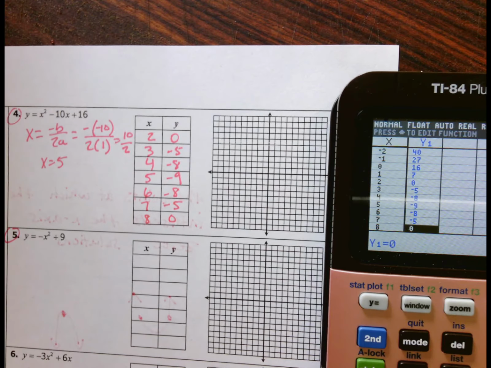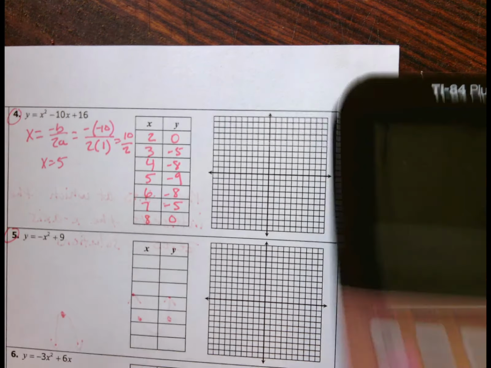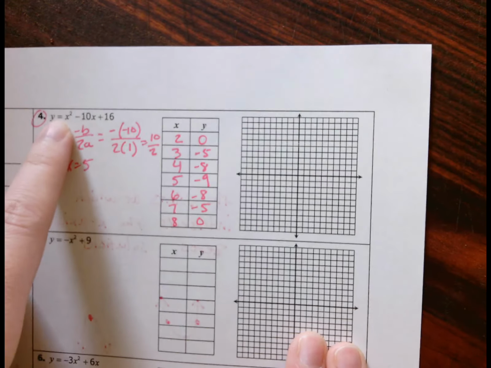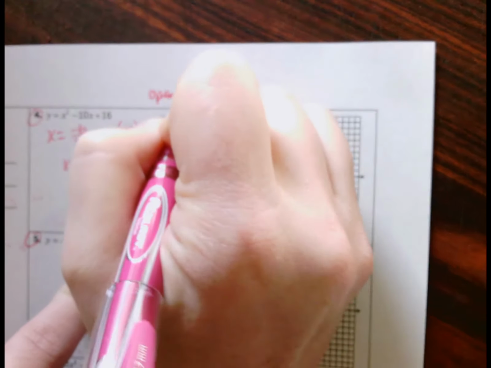Hopefully you're seeing a pattern with these tables and what they look like. All right, so let's go ahead and talk about what we know about this table as we go to graph it. The a value is 1. It's positive, so it's going to open up.